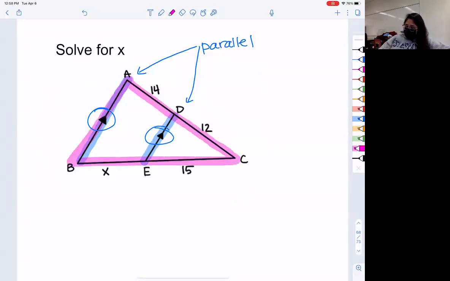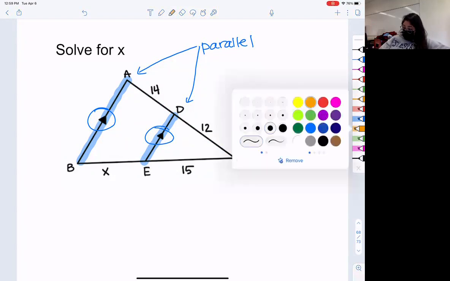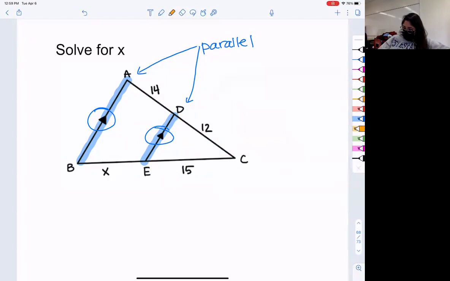This big triangle is what to the small triangle? So when you have two parallel lines, it means the triangles are proportional. Proportional, meaning you can set them equal to each other, okay?